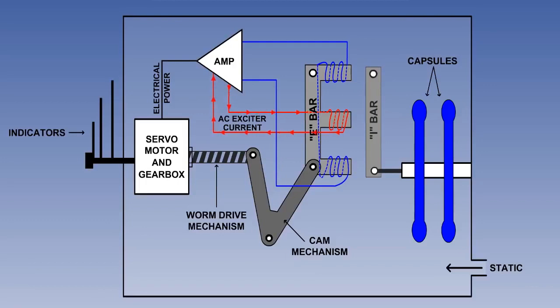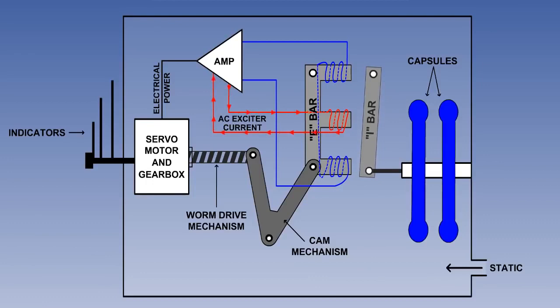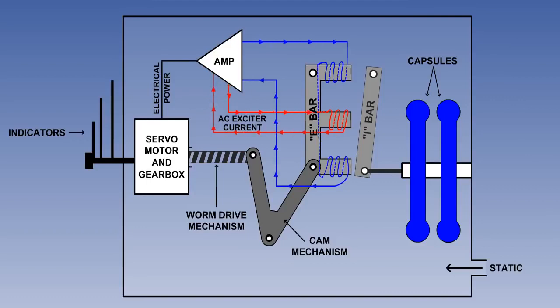When the capsules expand or contract with changes in altitude, they move the I-bar on its pivot, and the gap between the I-bar and E-bar will change. This causes an imbalance in the magnetic fields, and an electrical current will flow in the circuit. The current is amplified and fed to the servo motor which drives the pointer.